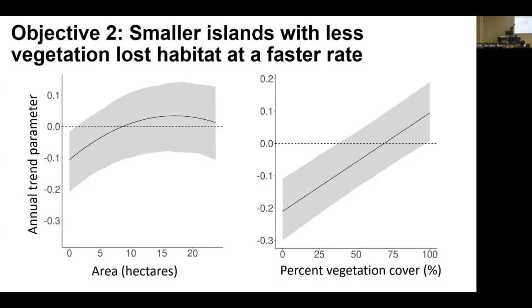So that dashed line at 0, the line below the dashed line represents habitat loss. So negative numbers mean that the area of habitat was declining. And we also found that islands with lower percent cover lost habitat at a faster rate.